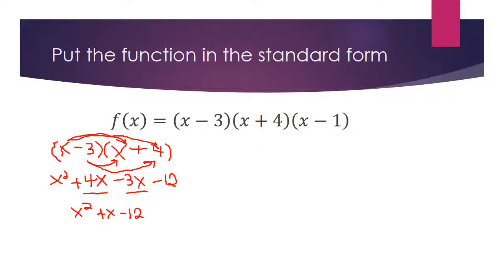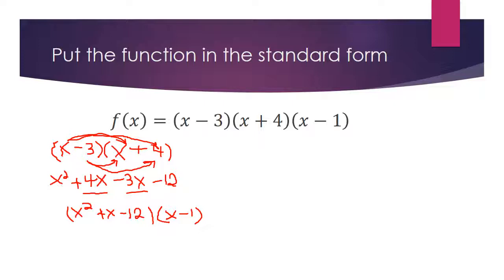So I end up with a trinomial, and I can multiply that trinomial with the last binomial to change the polynomial into the standard form. And to multiply the trinomial with the binomial, I need to triple distribute.